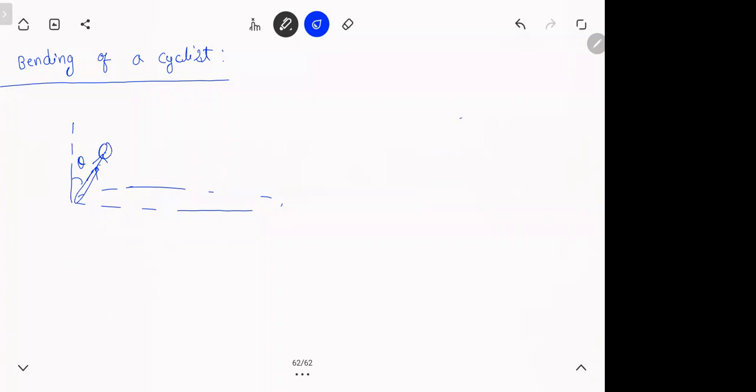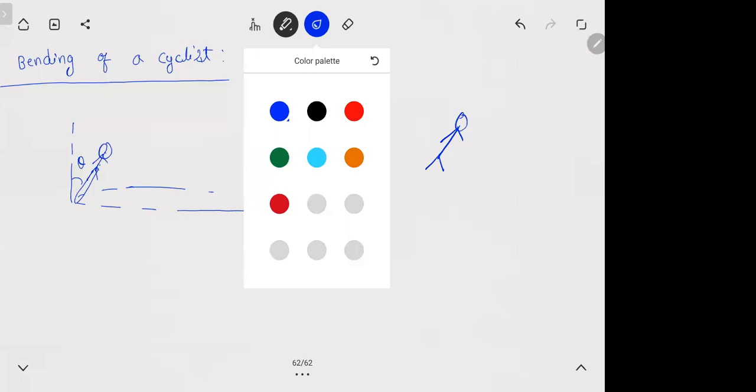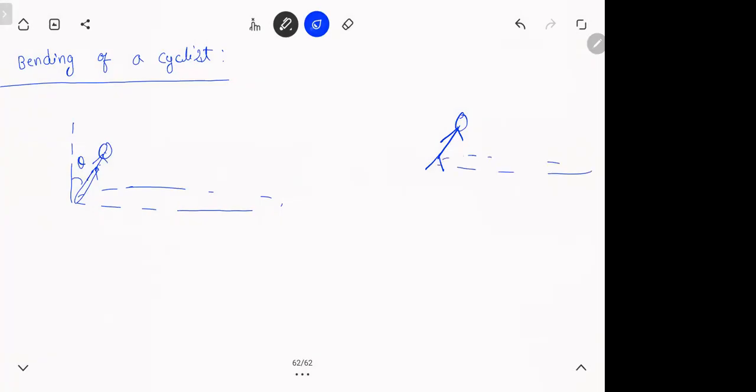Why is this happening exactly? If you look at the forces on the man, going in a circle, there is a centrifugal force, mv square by r, and there is mg.